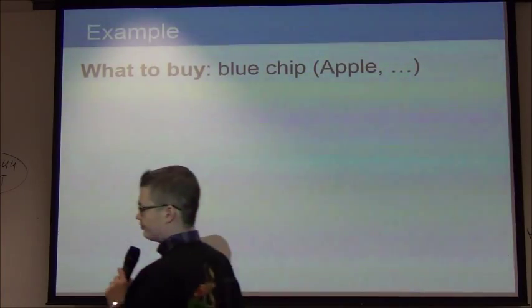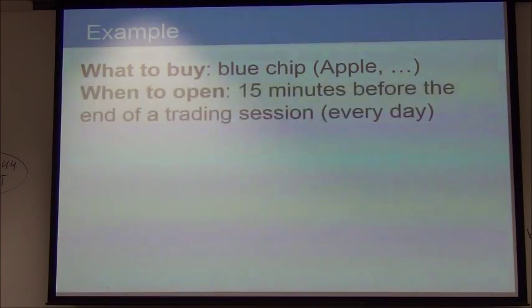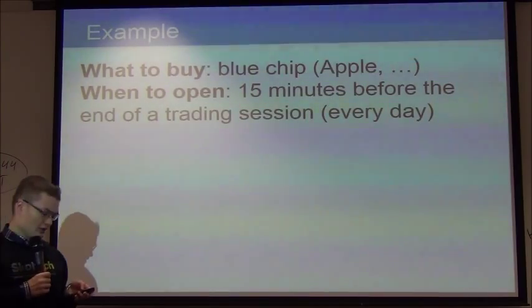The next step. And in your trading strategy, this list should be determined. I mean, it should be like a list of company names. Here I just gave one example. We can enumerate some more examples. The second part, when to open a position.